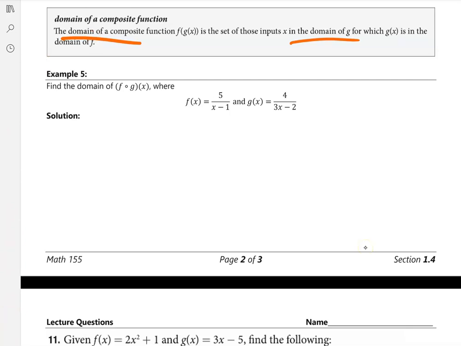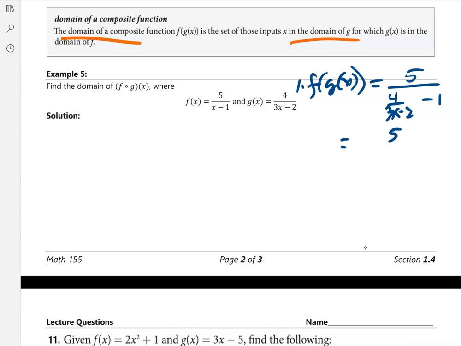Find the domain of f of g of x given f of x and g of x. So here you can get f of g of x. G of x is 4 over 3x minus 2. So that's like 5 over 4 over 3x minus 2 minus 1.